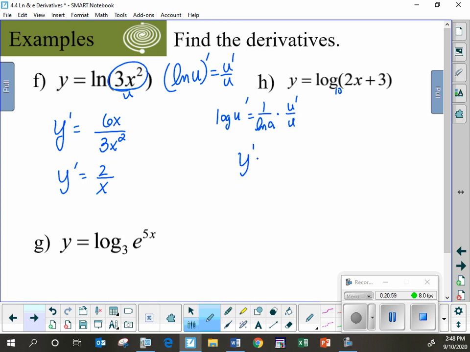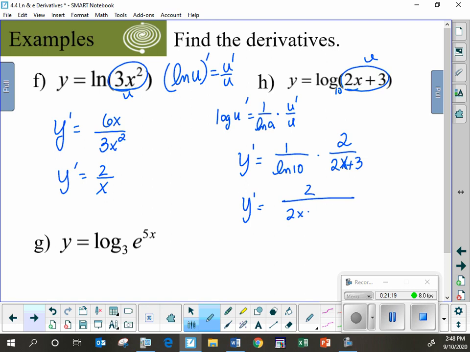Y prime equals 1 over natural log of 10 times the derivative of my u would be 2 over a 2x plus 3. And I could leave it in that format, but I also could bring it all the way back together. I don't know which looks better, it doesn't really matter. Just use some parentheses to make it clear that it's just natural log of 10.